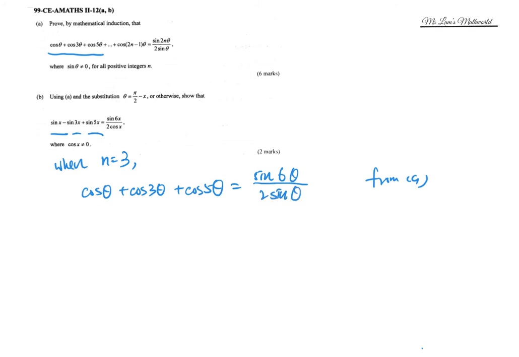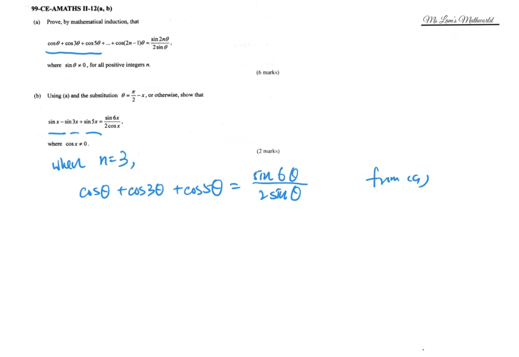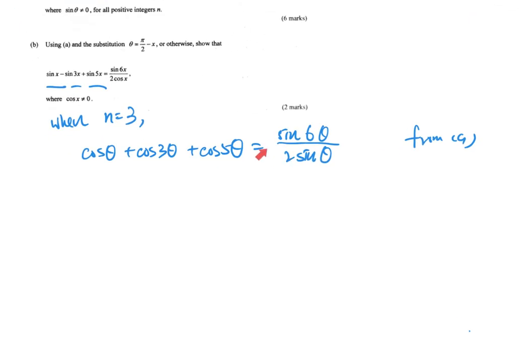Wow, the question is not really the same as what we get right now. But don't worry, it says we substitute theta to be pi over 2 minus x. So we have used A, put a tick.